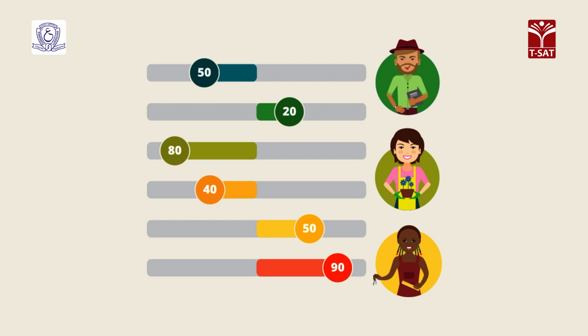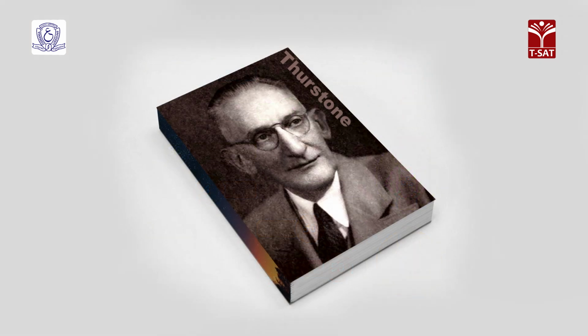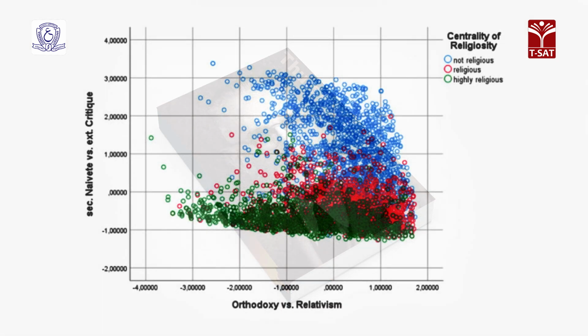This scale was the first formal technique to measure an attitude. It was developed by Thurstone in 1928 as a means of measuring attitudes towards religion.